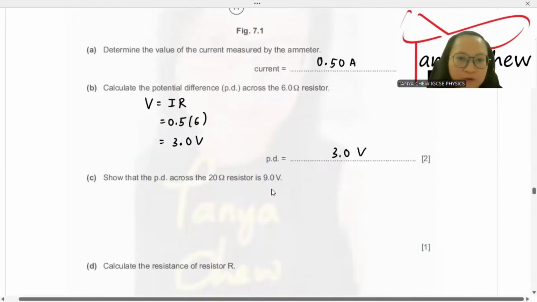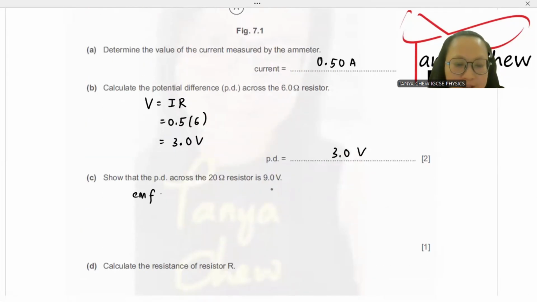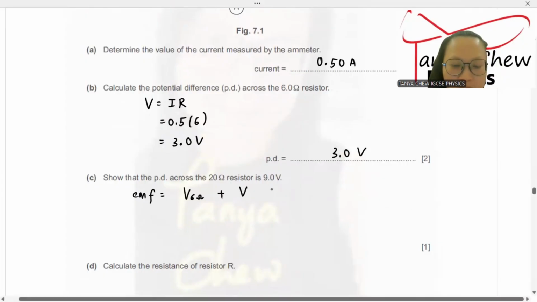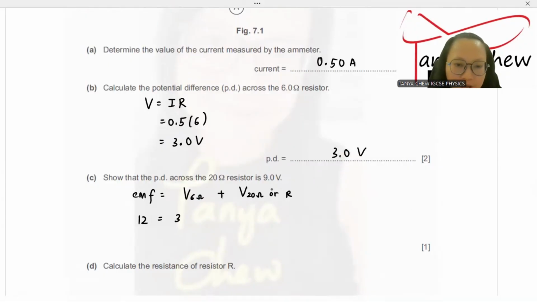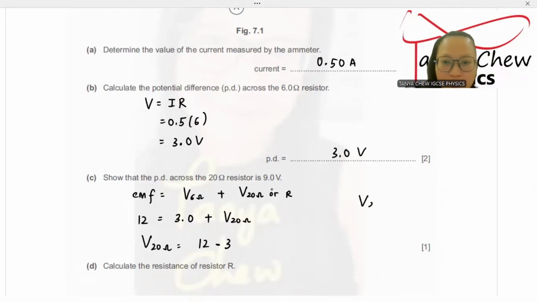The total potential difference, or the EMF, is equal to the potential difference across the 6 ohm plus the potential difference across R. So the EMF is given as 12, 6 ohm takes only 3 volt, and the potential difference across the 20 ohm would be 12 volt minus 3 volt. So V across the 20 ohm is equal to 9 volt.